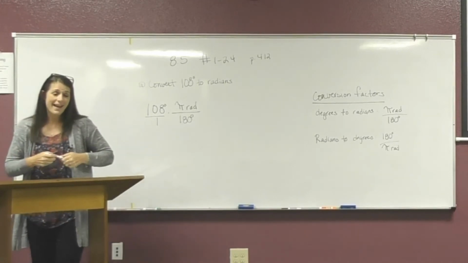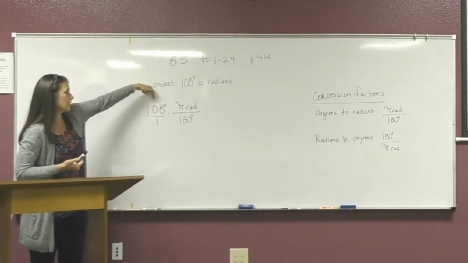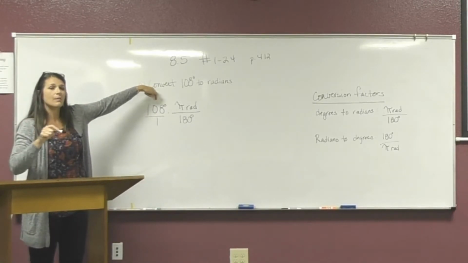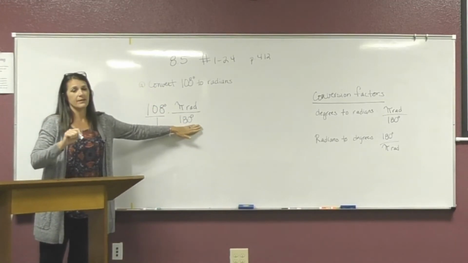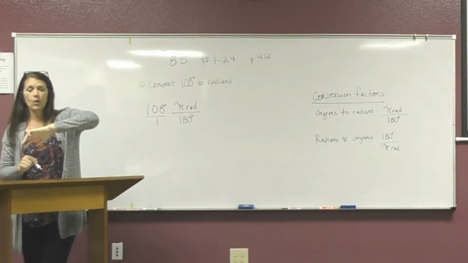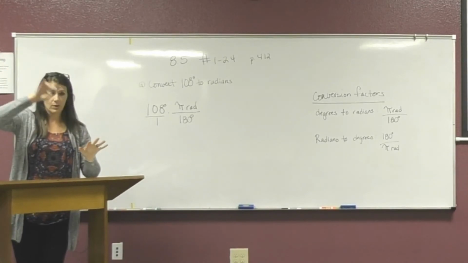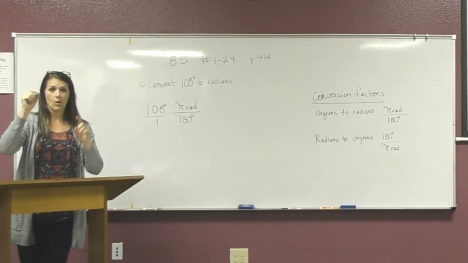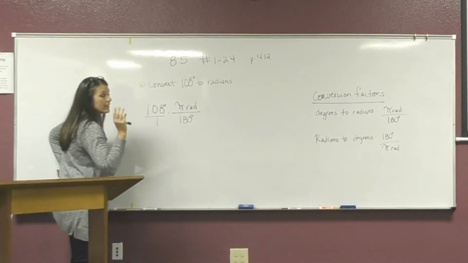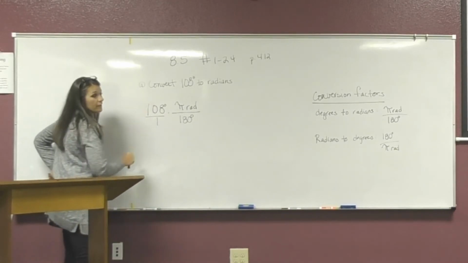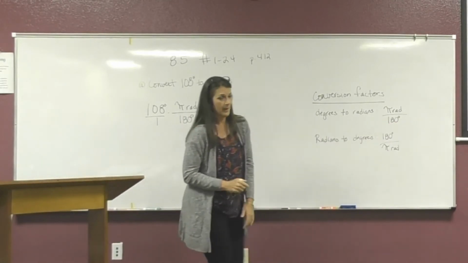So when I've got degrees in my numerator, anytime you want to cancel something, I would need degrees in the denominator. Or if I had something in the denominator, in order for it to cancel, I would need it in the numerator, because we cancel top and bottom. So really all you have to remember is if I'm trying to get rid of my degrees, then my degrees has to go on the bottom.